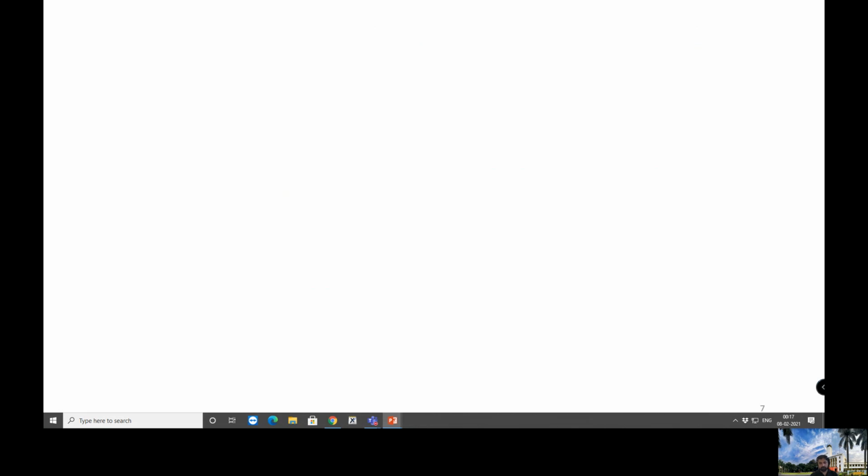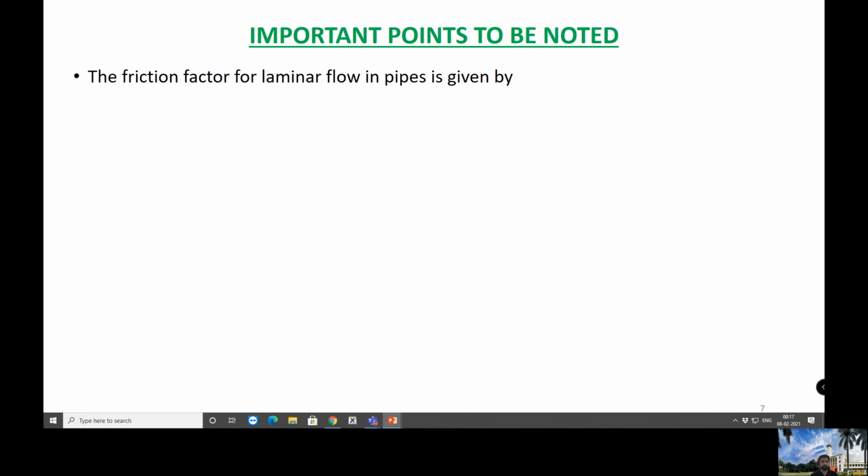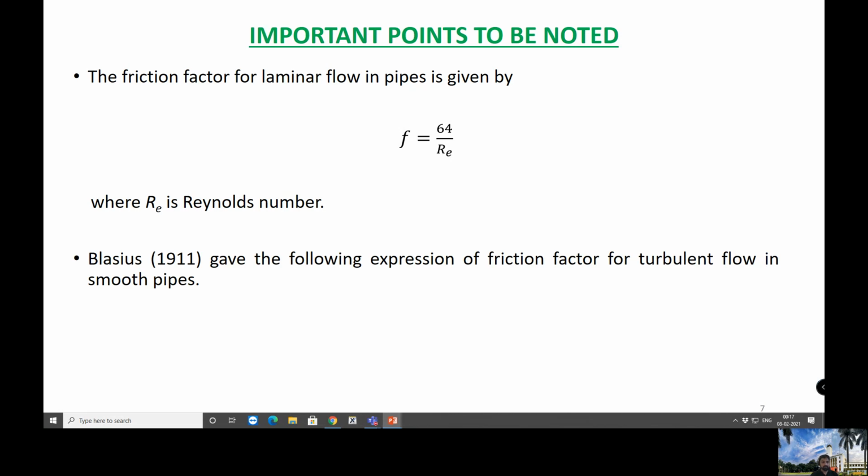Some important things to be noted is that the friction factor for laminar flow in pipes is given by F is equal to 64 by Re, where Re is the Reynolds number. Blasius in 1911 gave the following expression for the friction factor for turbulent flow in a smooth pipe: F is equal to 0.316 Re to the power minus 1 by 4.